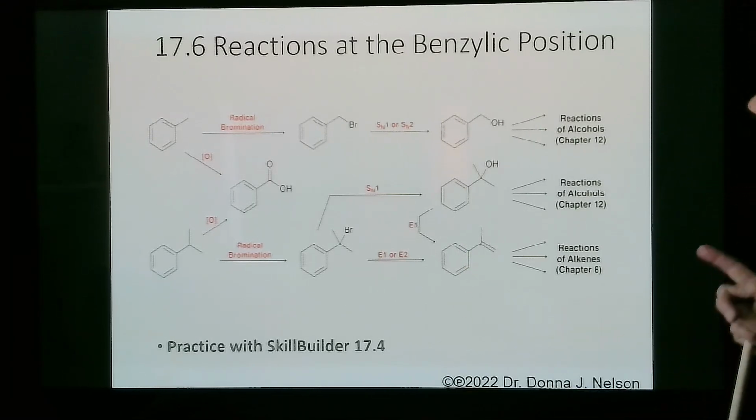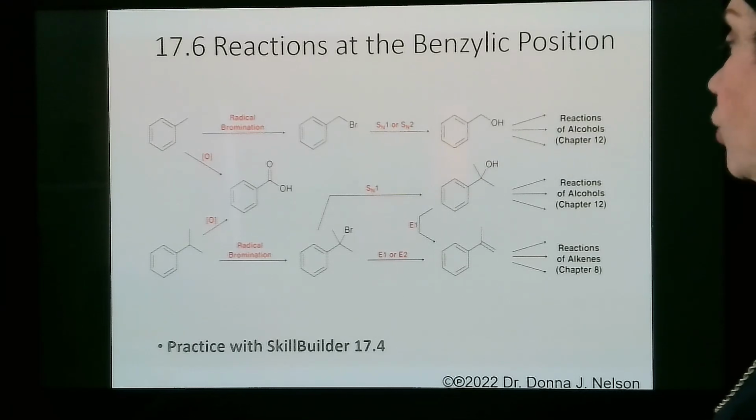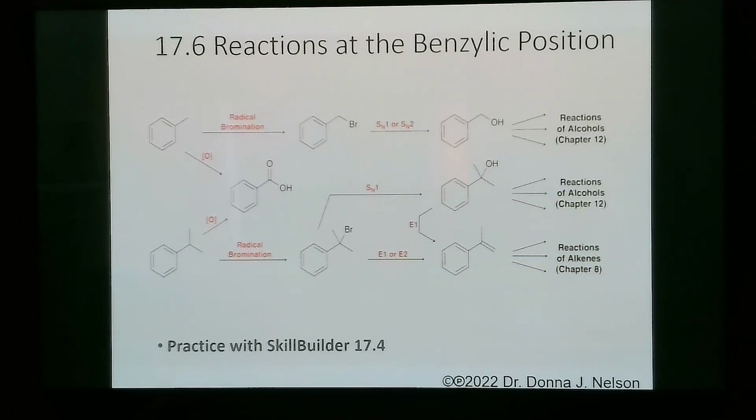And so this is a nice review slide that is in your text in section 17.6. And it would be very useful to go over this and ensure that you know these reactions because they're all important reactions.